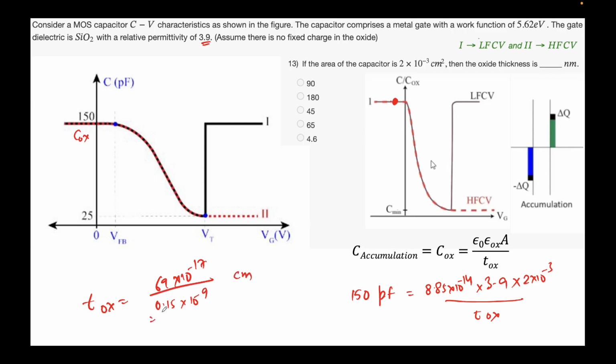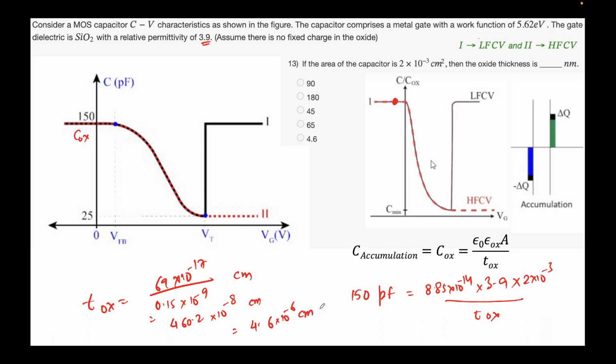So this will come out to be 460.2 times 10 to the power minus 8 centimeters. So let's call this 4.6 times 10 to the power minus 6 centimeters.